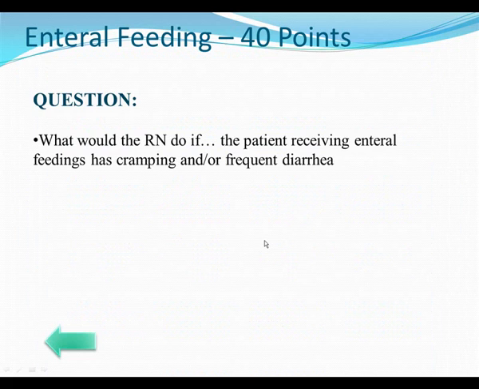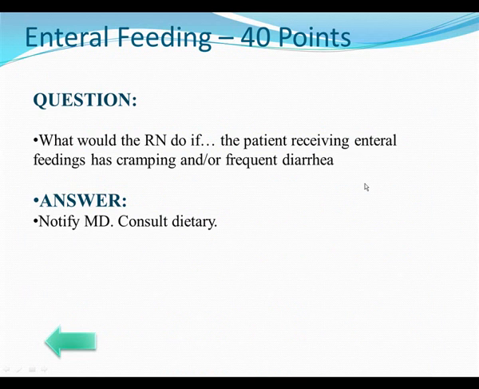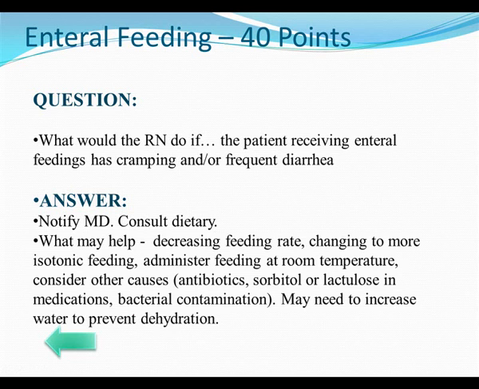What would the RN do if the patient receiving enteral feedings is having cramping and/or frequent diarrhea? And you've had this happen to you too if you've dealt very much with patients that have NG tube feedings. You know they're going to have some diarrhea sometimes. If it's more than 3 times in 24 hours, typically you need to notify the MD and consult dietary. There are some changes that may need to be made.